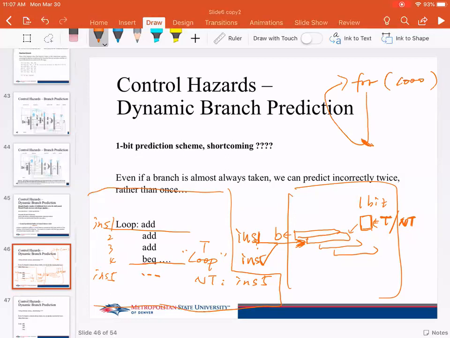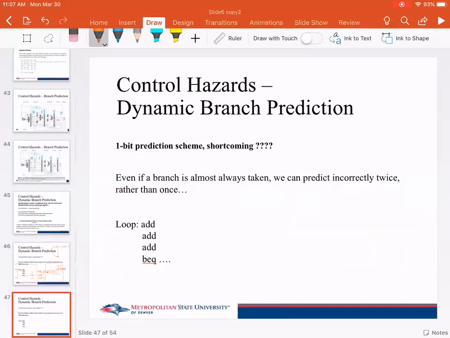But a question is, is there any shortcoming? Is there any disadvantage to this kind of scheme? Of course, yes. You are not always correct. If your prediction is wrong, we would like to know how bad it could be.